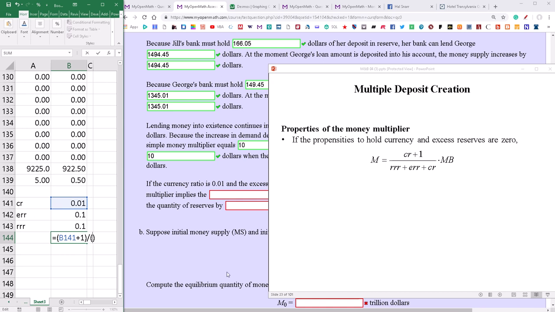And it is the required reserves ratio plus excess reserves ratio plus the currency ratio. So this is the required reserves ratio, this is the excess reserves ratio, and this is the currency ratio. We hit enter, we get 4.81.